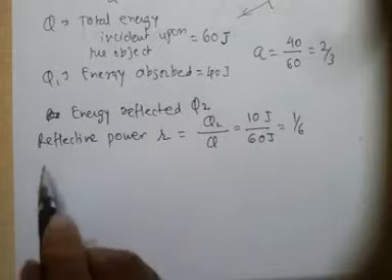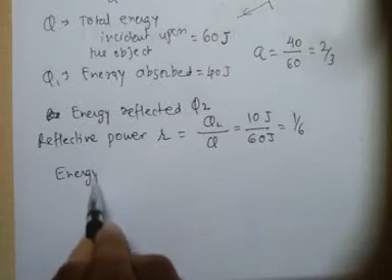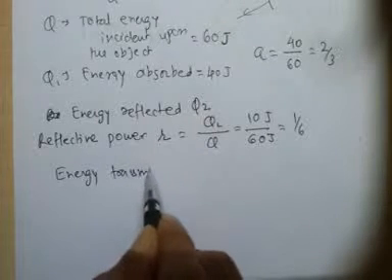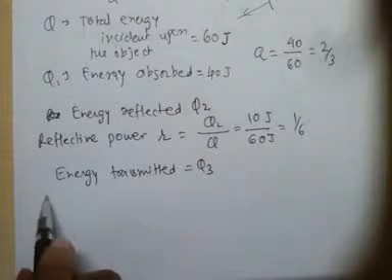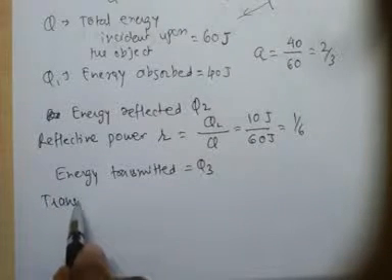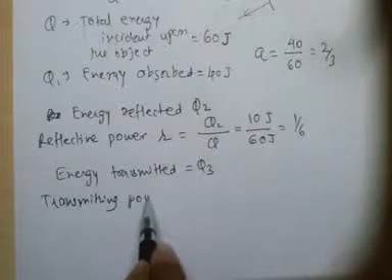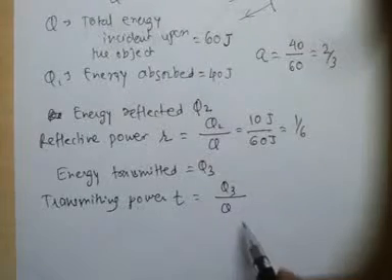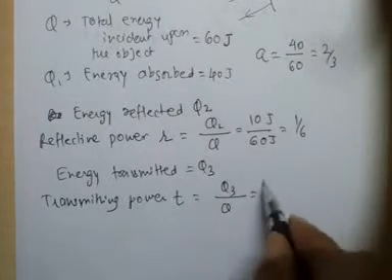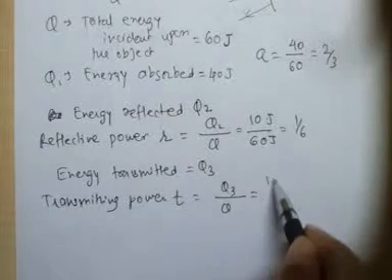And similarly, if the energy transmitted I denote by Q3, then transmitting power T will be Q3 upon Q. Since 40 joules and 10 joules have already been used up, I'm left with 10 joules.